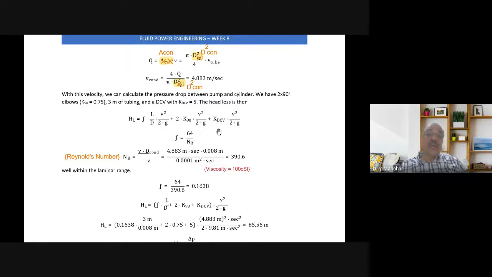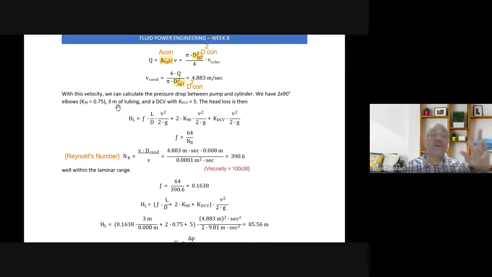Now we calculate the pressure drop across the pump and cylinder. With this velocity, we calculate from pump to cylinder inlet what the pressure drop is. We account for two elbows, 3 meters of tubing, and pressure loss across the direction control valve with the coefficient K as 5. What is the formula for head loss? f L V squared by 2 g d.